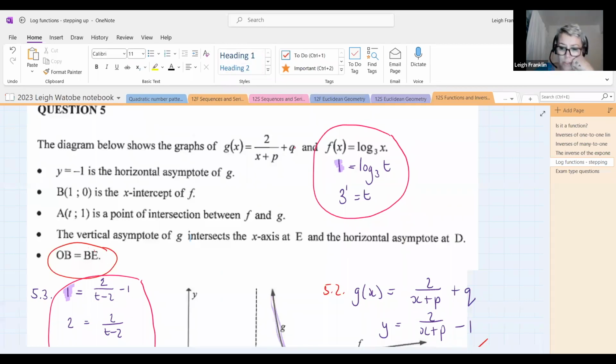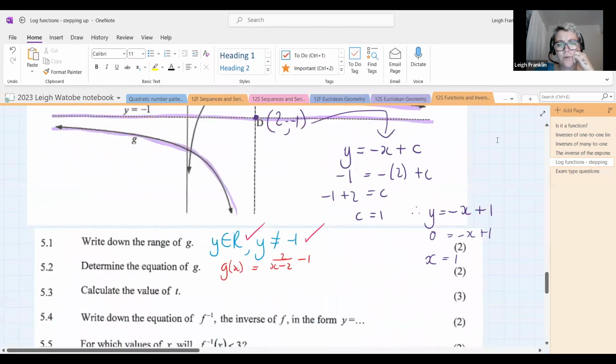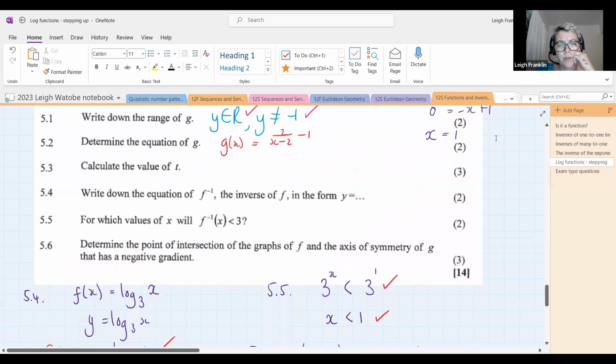Kamogelo, do you want to ask a question? Hi, ma'am. Could you please go down a bit? On 5.5, where we are supposed to find the values of x, do we use the equation of the inverse of f?